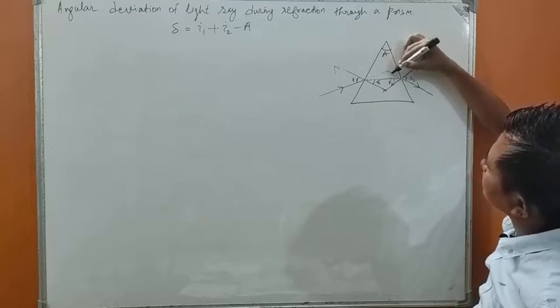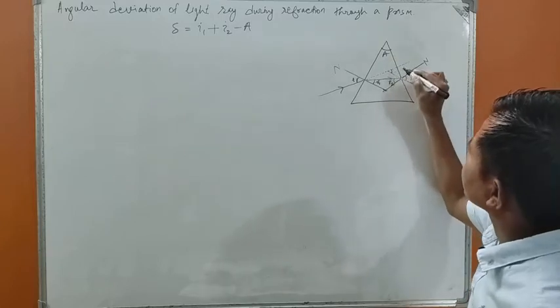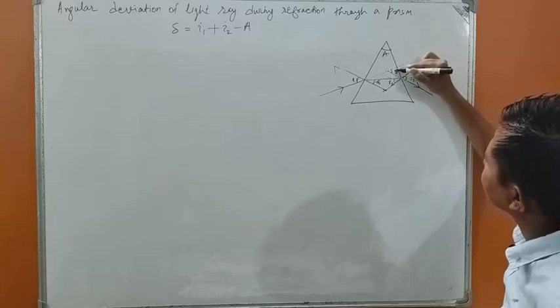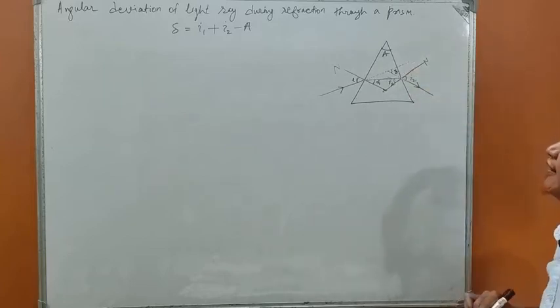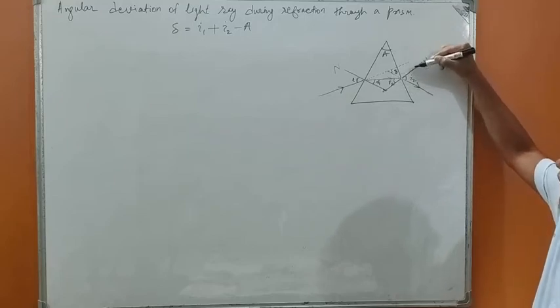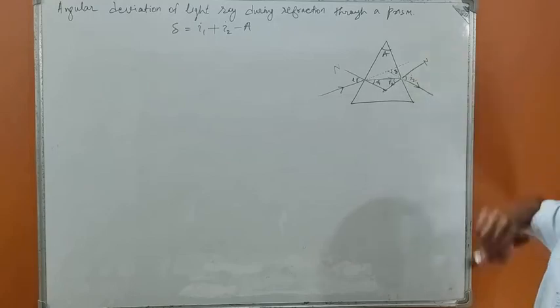This is called the angle of deviation, denoted by the letter delta.